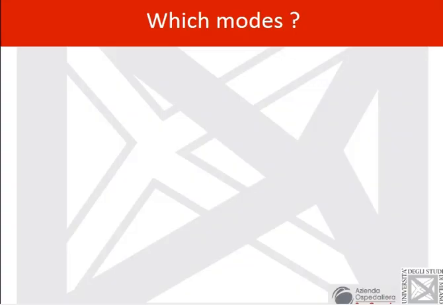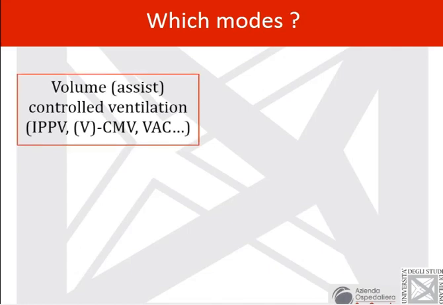So, what are the modes we have available on our mechanical ventilators? To be a little bit simplistic, we basically have three main categories. We have one group of ventilations which have different names just because different ventilators call in different ways what is in fact exactly the same, just to confuse us a little bit, which is the so-called volume control ventilation, in which we set a given tidal volume.